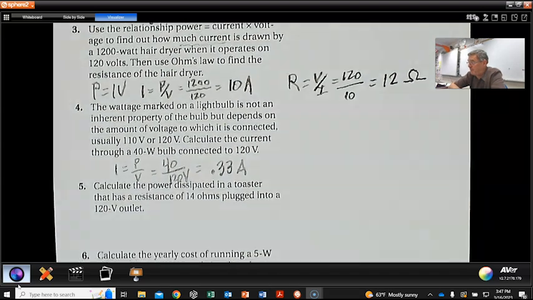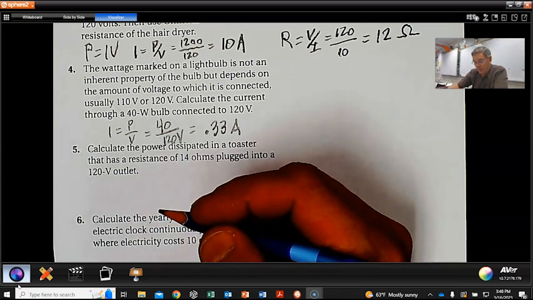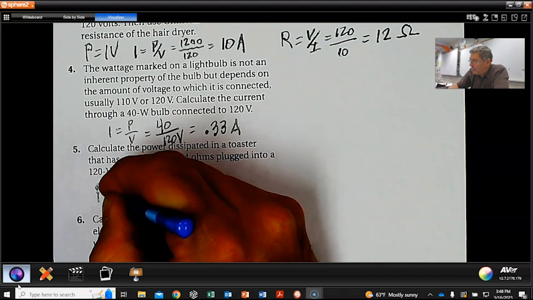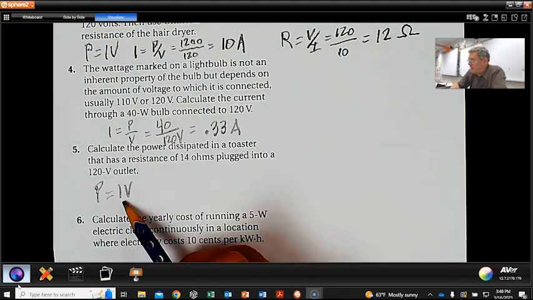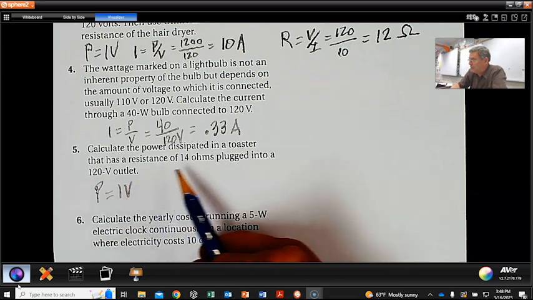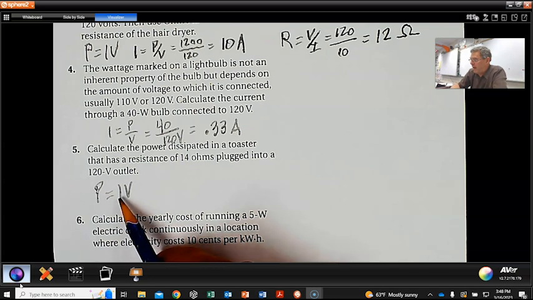All right. Number 5, power dissipated in a toaster that has a resistance of 14 ohms plugged into a 120 volt outlet. Okay, so I know that power is equal to current times voltage, but they don't give me the current. They only give me the voltage and the resistance. So I can use Ohm's law.